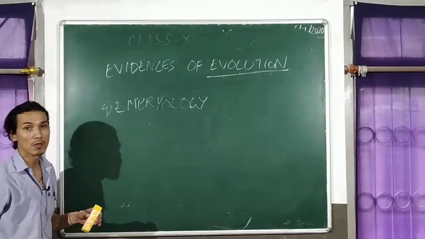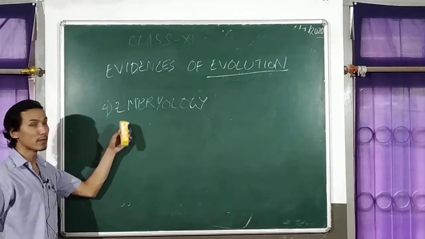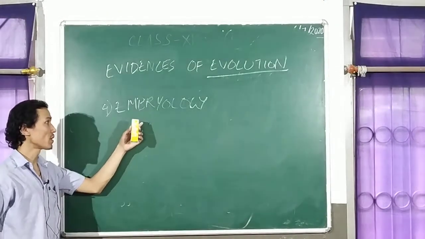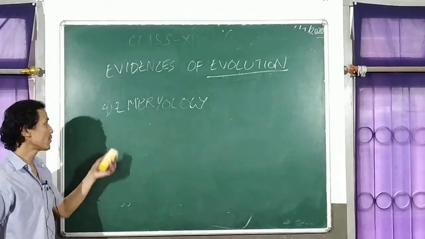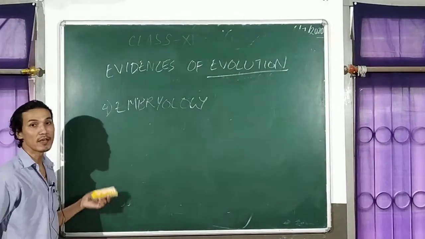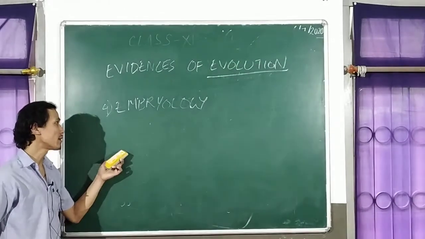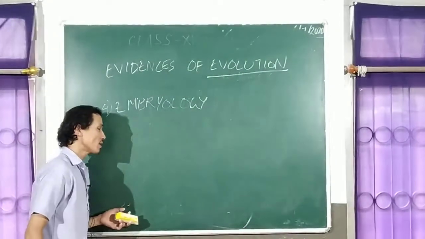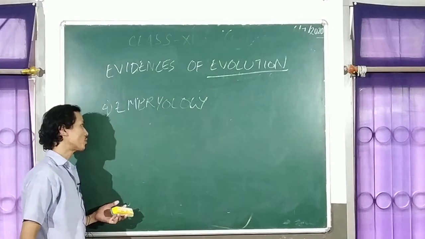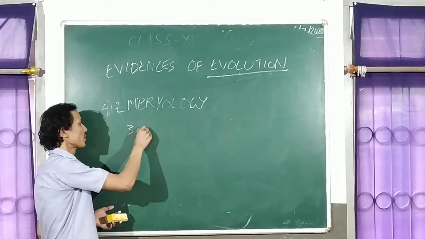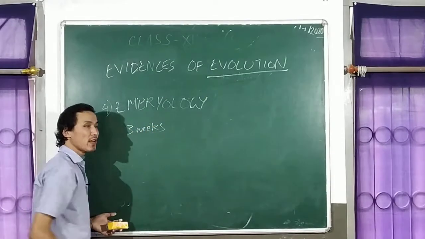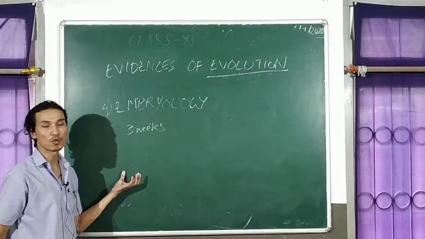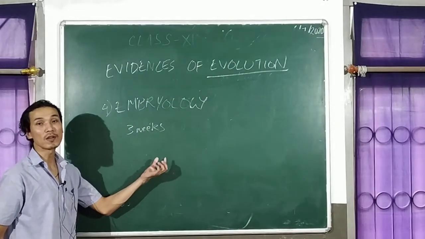The next evidence of evolution is embryology. Embryology means the study of development of embryos in animals. So when we compare the embryos of different animals, let's say man, dog, cat, what happens is that at a certain stage, up to about 3 weeks, it's very hard for us to differentiate whether a particular embryo belongs to a man, a dog or a cat.